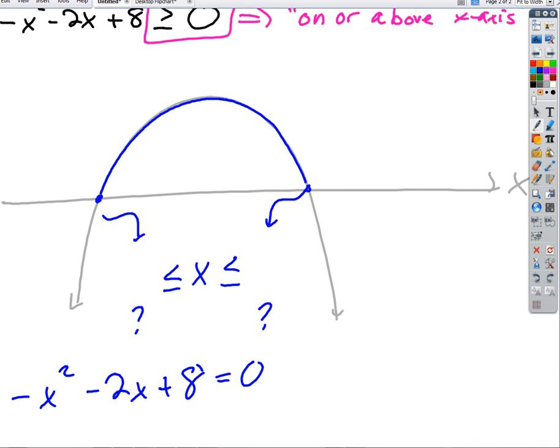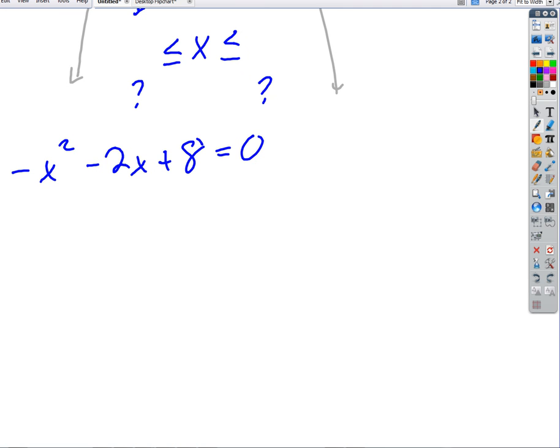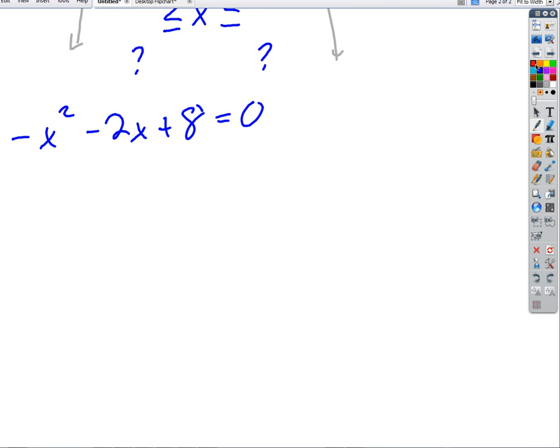So now we can just shift into algebra mode here and forget about the graph for a second, because all we're trying to do is find those x-intercepts so I can fill in the blanks. That's it. And then we're done. So how would I solve this? Positive 2 plus or minus square root. Okay, I could use the quadratic formula, but either way, if I factor or use the quadratic formula, there's one trick I threw at you here.